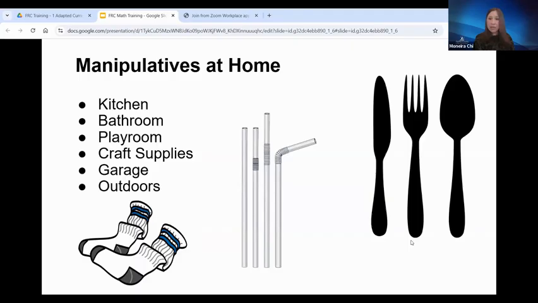One of the handouts that you have received is called Math Manipulatives at Home, and that can give you a really good place to start when identifying materials needed to teach math concepts. So again, you can get creative in finding things at home that can replace the typical manipulatives that children might be used to at school. The list that is provided for you is not all-encompassing.